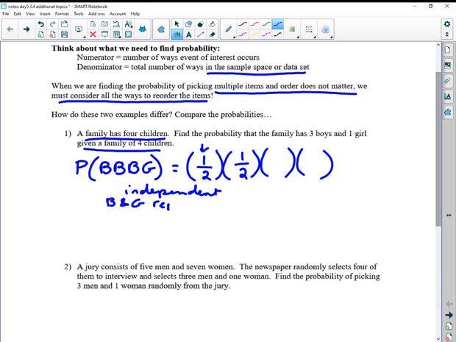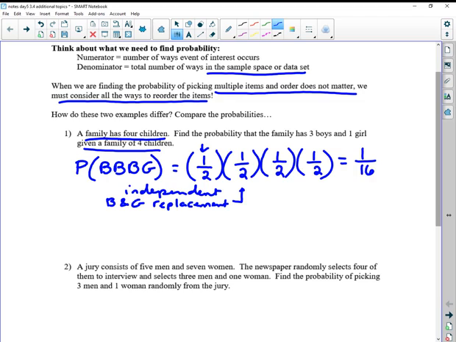There's a replacement where you can have that same gender happen over again. So that's why our probabilities are going to stay the same, and it's going to continue to do that as we pick our next boy and then our girl. So the probability of getting a boy, boy, boy, girl was 1 out of 16.